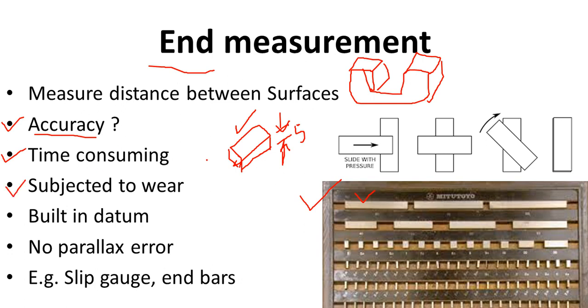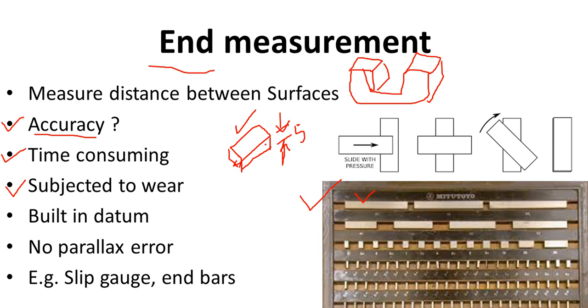It is subjected to wear, since we are rubbing these two slip gauges one on another. After some time there is considerable wear in the slip gauge, and they lose the dimension. Like this 5 mm will no more be equal to 5 mm, and there will be some reduction in the dimension. So this is not a long life instrument, subjected to wear. What happens sometimes is, when the slip gauge box is new, if I rub one slip gauge onto another, it will get easily attached.